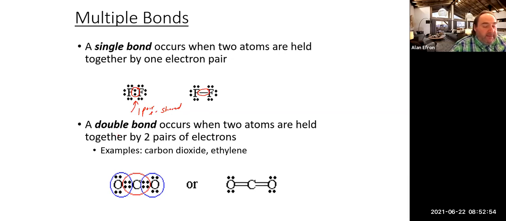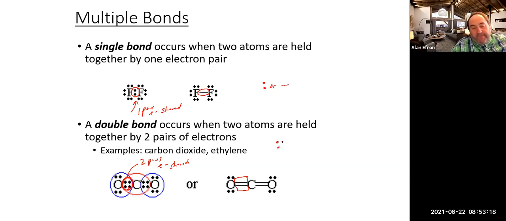When we get to a double bond, what we end up with, as we can see here between the carbon and the oxygen, is 2 pairs of electrons, a total of 4 electrons being shared, which can be represented by a double line. So a single bond is 1 pair of electrons represented by a line.